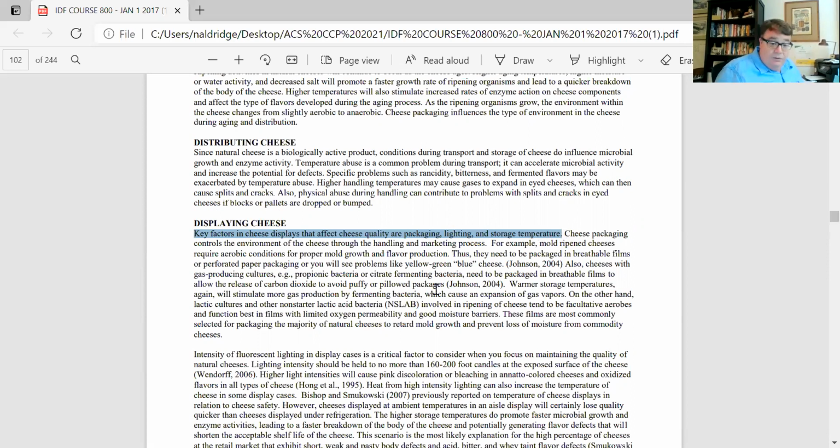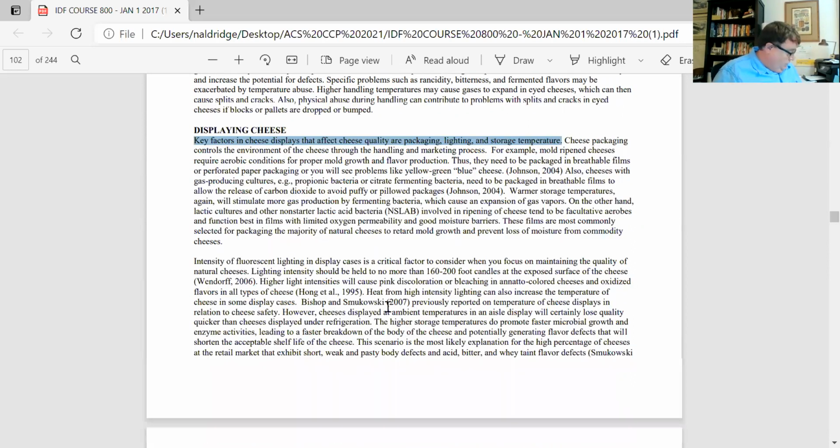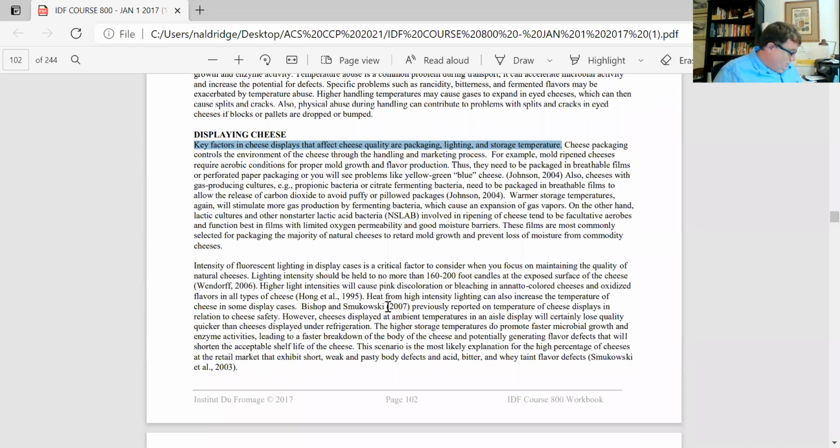And now we're moving down to the last paragraph on page 102, where it's talking about the lighting and bleaching. So I've got here lighting intensity, the first and second sentence really, of the intensity of fluorescent light. I would know about that.